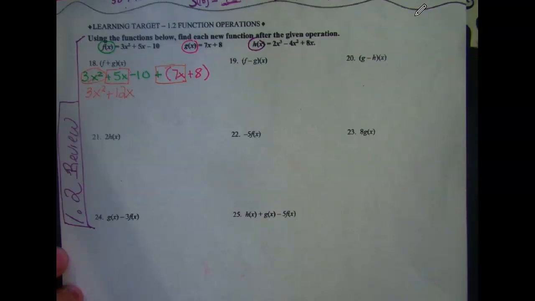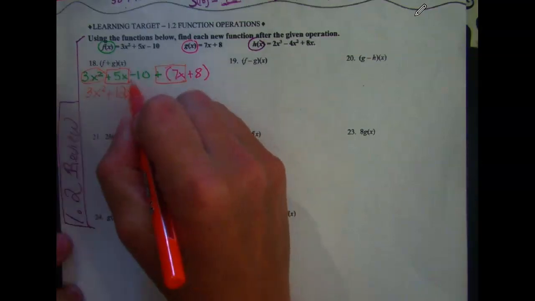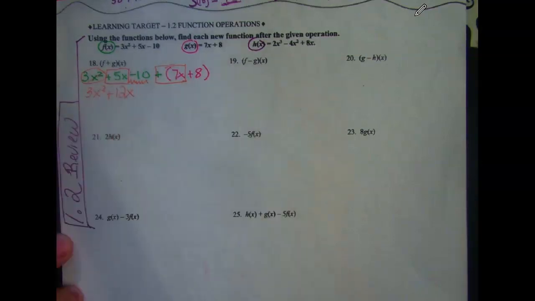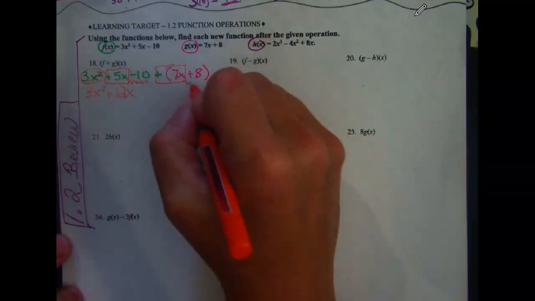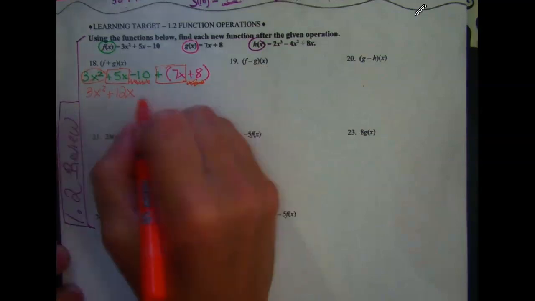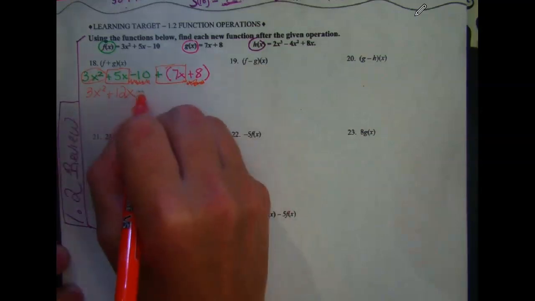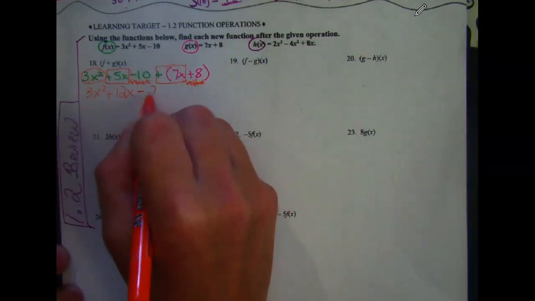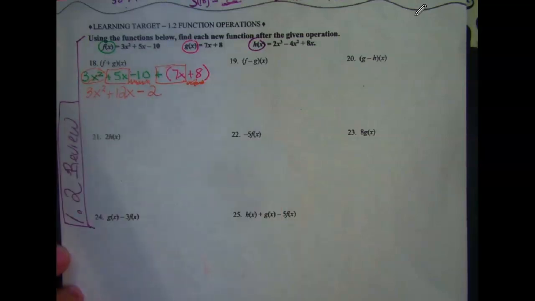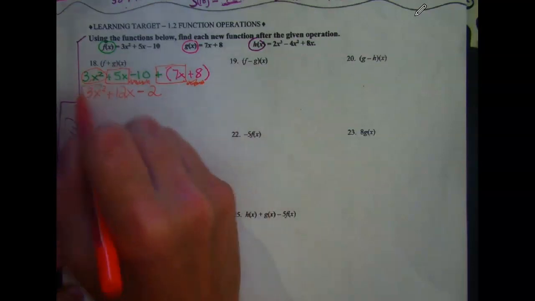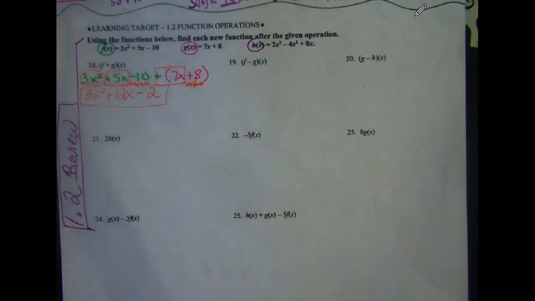And then the last part, I'll put my squigglies. I have a negative 10, and I can add that to a positive 8. Those are combining like terms, so then I get in your calculator, I get a negative 2. And that's it. It's simplified. We just did our operations. So this is my final answer.